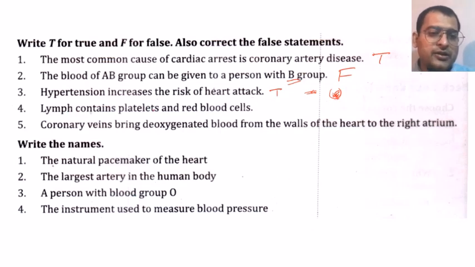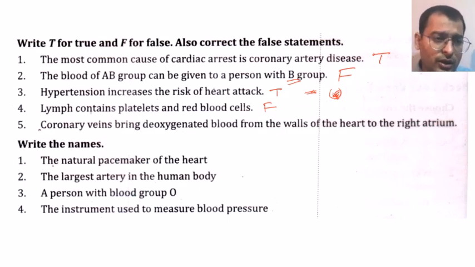Lymph contains platelets and red blood cells. That is false. Lymph does not contain RBCs, platelets. It contains lymphocytes, nutrients, and so on. Coronary vein brings deoxygenated blood from the walls of the heart to the right atrium.